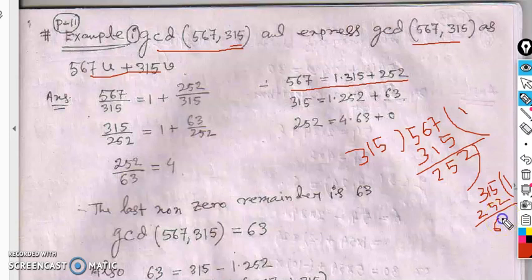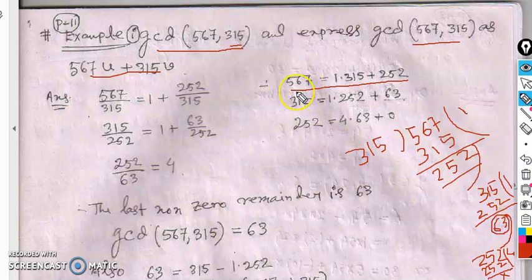Next we divide 252 by 63, and it is exactly divisible, with quotient 4. For that reason 63 is the GCD of these two numbers.